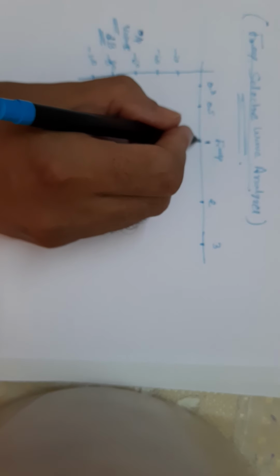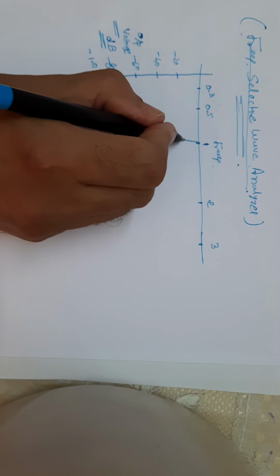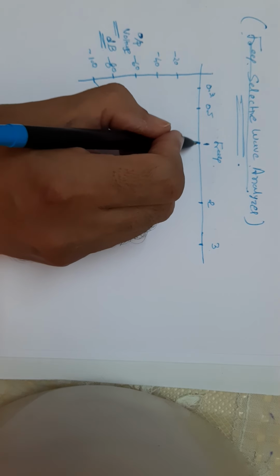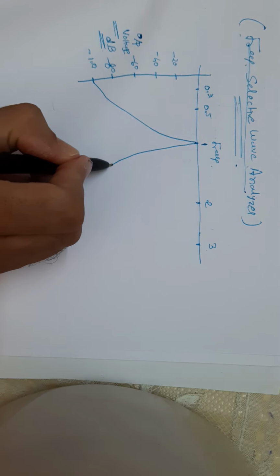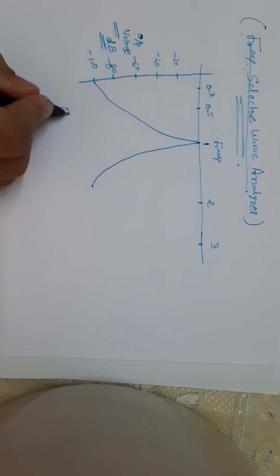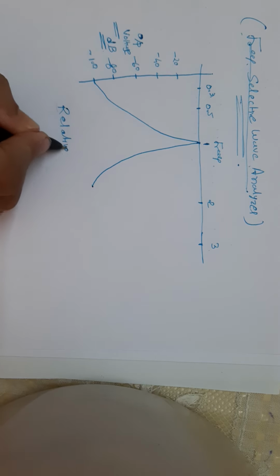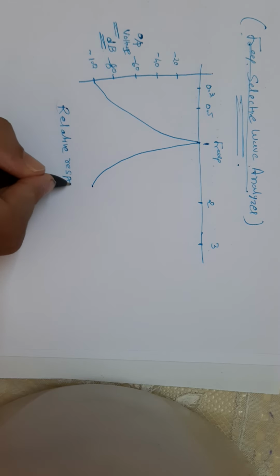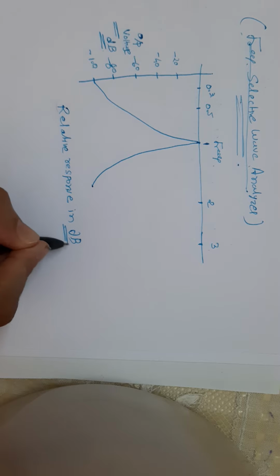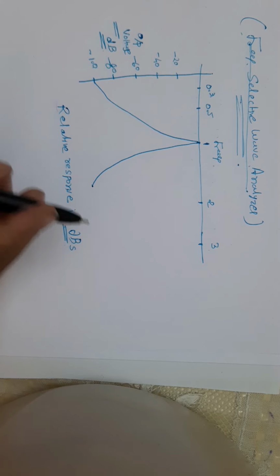So our graph looks like this. This is the relative response in dB. dB means decibels.